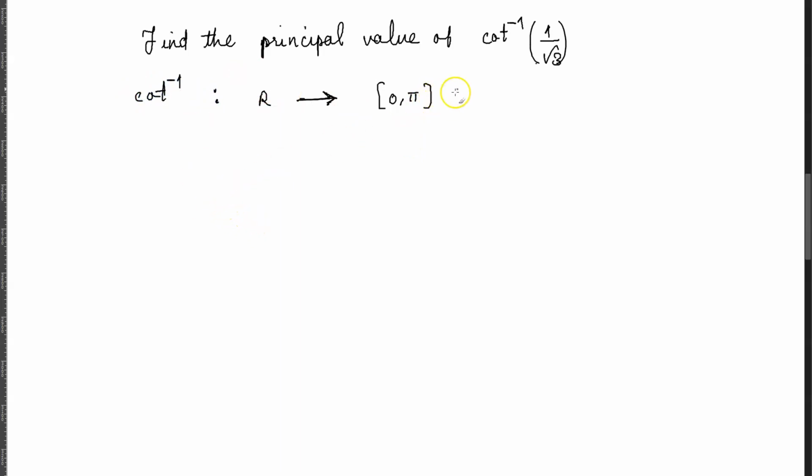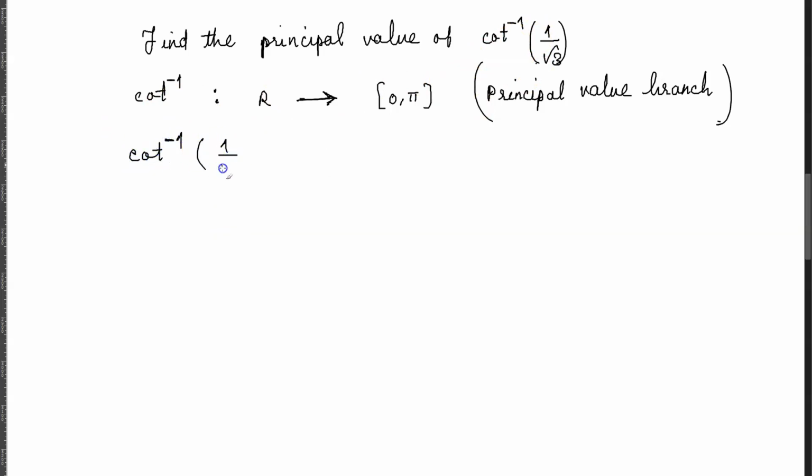So this is the principal value branch of the cot inverse function.